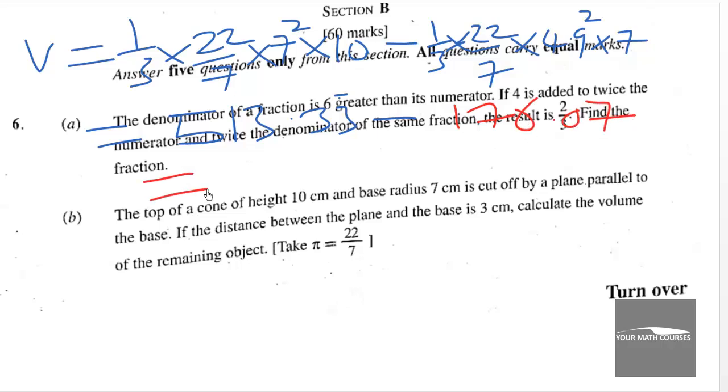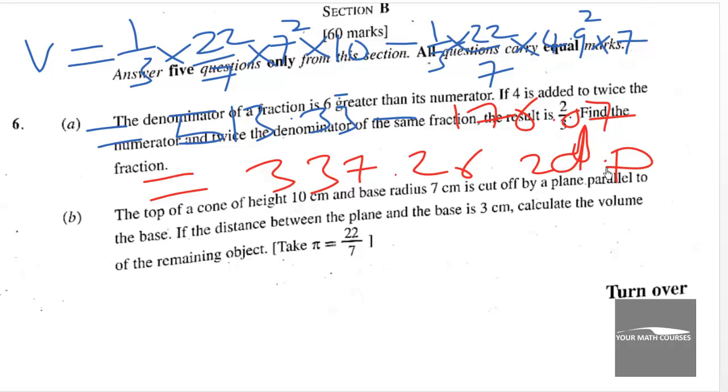So when we evaluate that, we are going to get 337.26 to 2 decimal places. So that is the volume in centimeter cube to 2 decimal places.